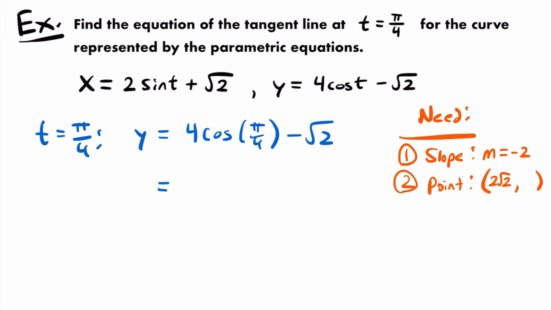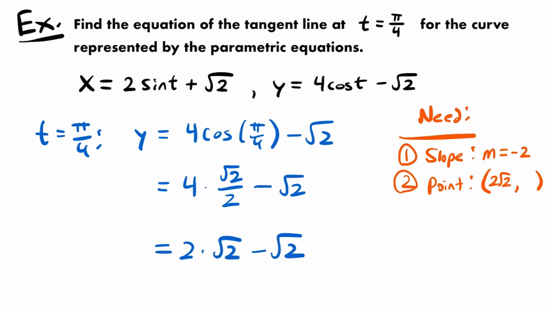So y is equal to 4 times the square root of 2 divided by 2, and then we're subtracting that square root of 2 on the end there. Okay, and then 4 divided by 2, that's equal to 2. So this will be equal to 2 times the square root of 2 minus the square root of 2. And 2 square roots of 2 minus 1 square root of 2 will just leave us with 1 square root of 2.